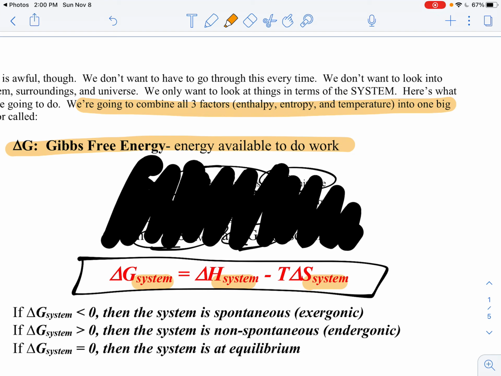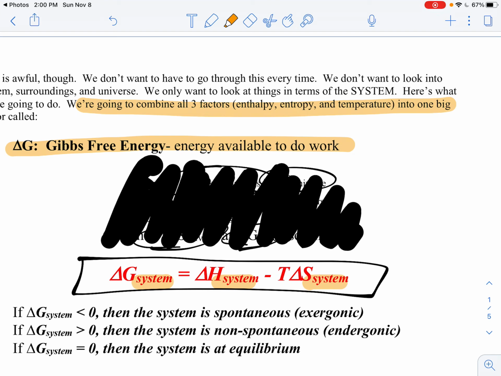Now, I do the same thing, except this time I look up the S values. So for the S values, I take this guy and I look up all of these guys and subtract all of these guys. Here are their S values, like we did before. And if I do all of that, I end up with a value of negative 45 joules per Kelvin. Fine, all good, nice and easy.